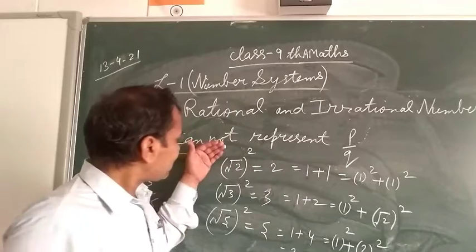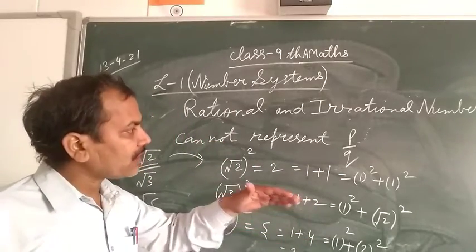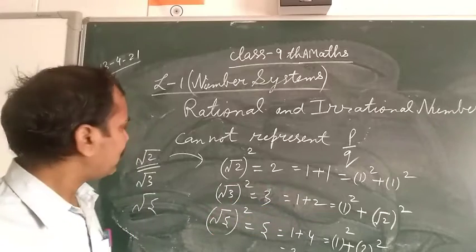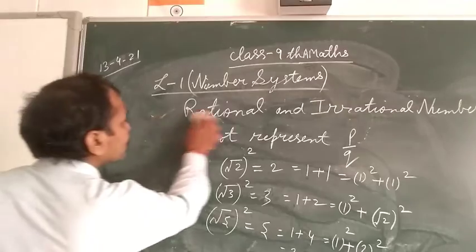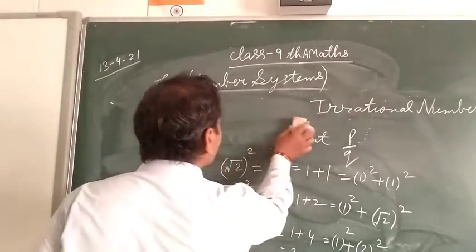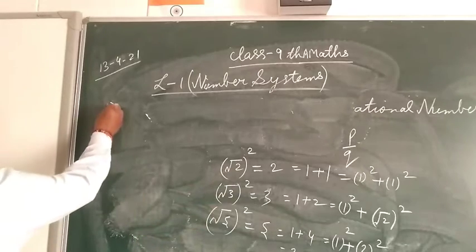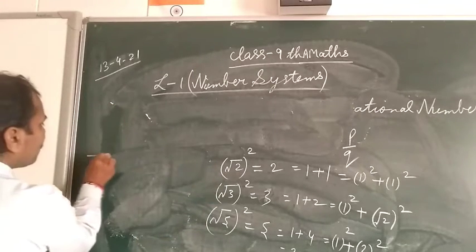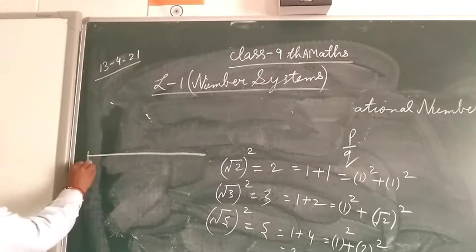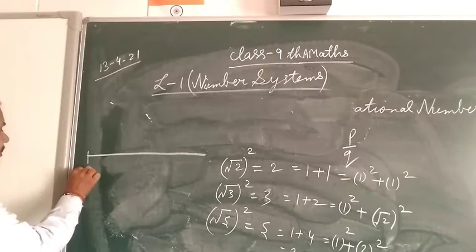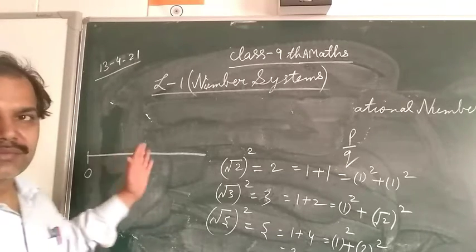Now after doing this, how to construct on the number line? First I am telling you for under root 2. Draw a line. Suppose the origin is 0, and on the number line you mark 1, 2, 3, 4 like that.